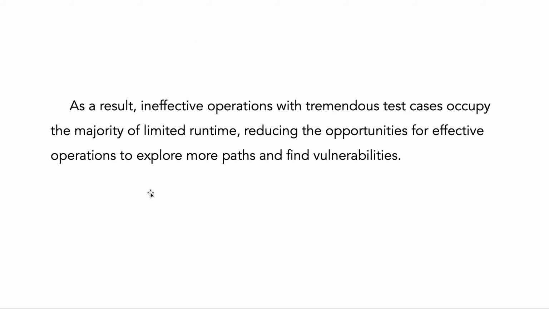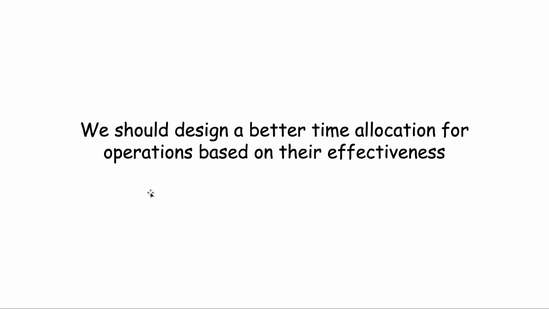As a result, ineffective operations with lots of test cases occupy the majority of limited runtime, reducing the opportunities for effective operations to explore more paths and find more vulnerabilities. So, we should design better time allocation for operations based on their effectiveness.